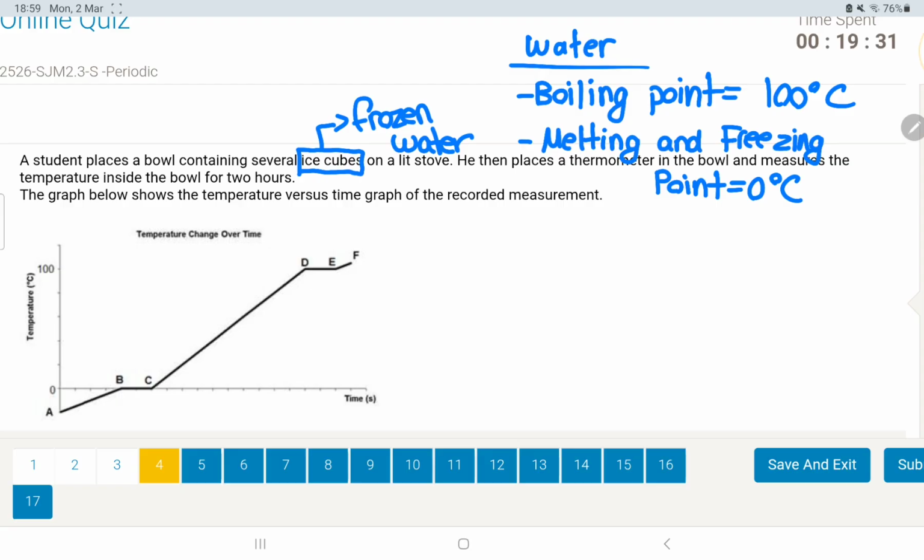Okay? So let's see this table and record it step by step. Here we have B and C. They're both at the 0 degrees, okay? But here you notice that the temperature is the same, but time is progressing. So what do you think is happening? It's melting, right? I'm just gonna write it down here, melting.